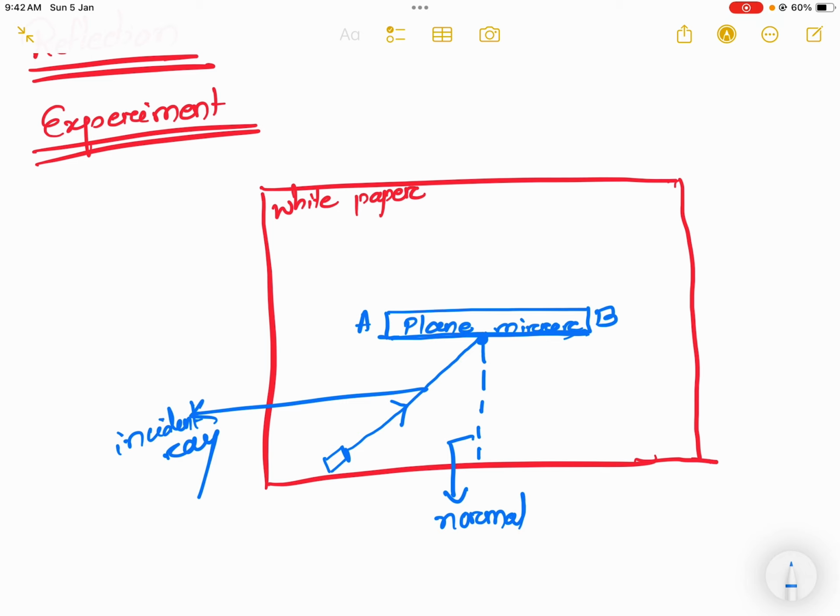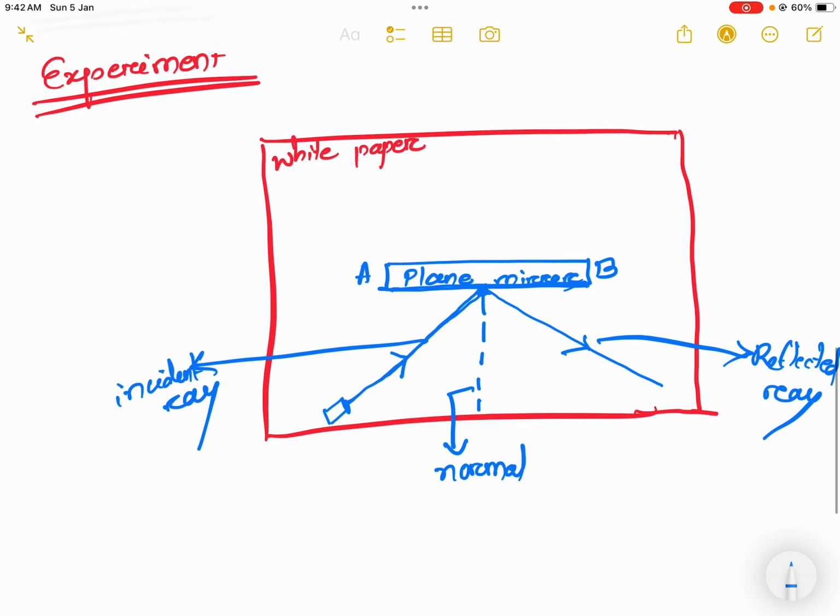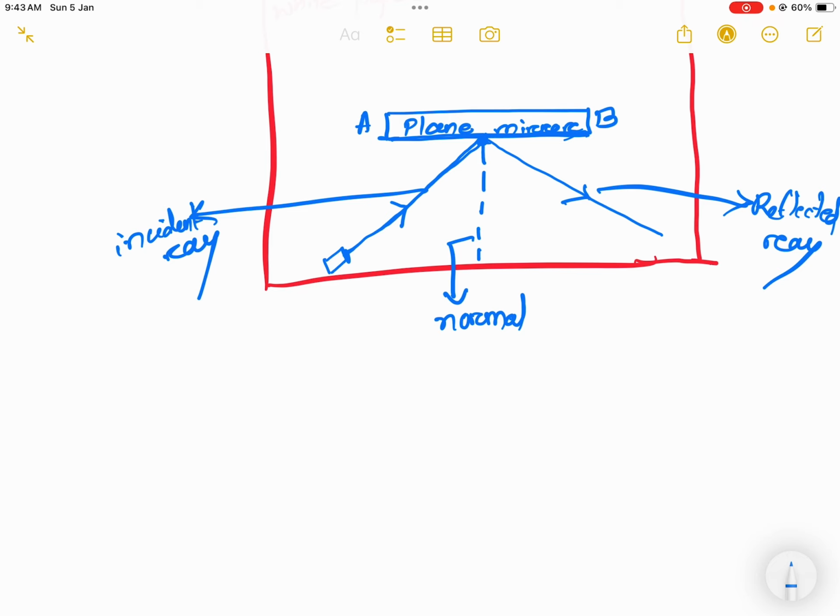Now this incident ray will go and it will be reflected back. This phenomenon is called reflection. This is the reflected ray.